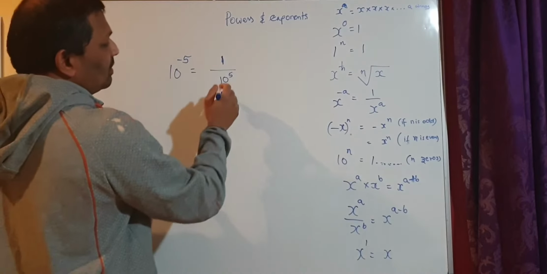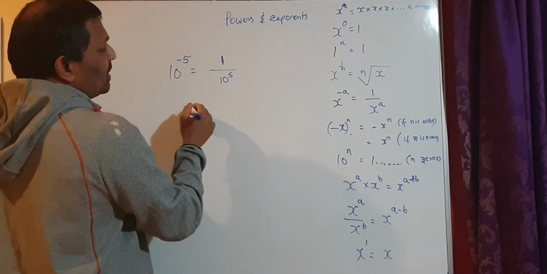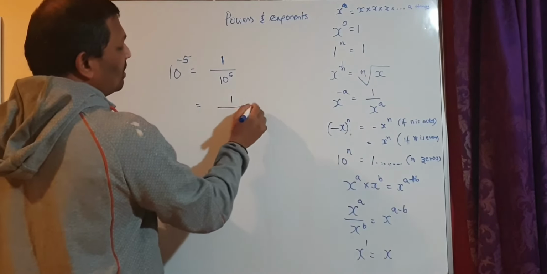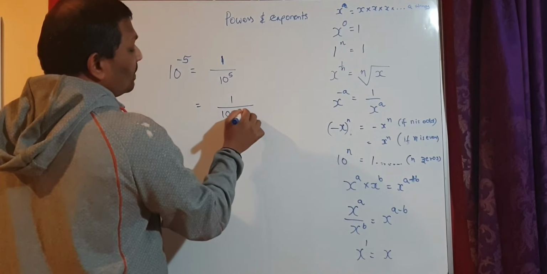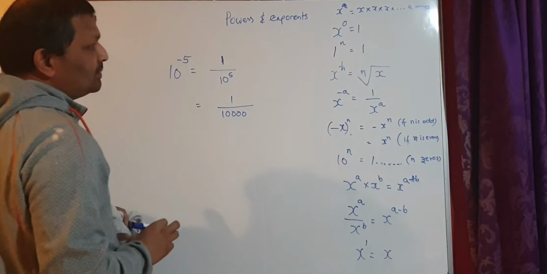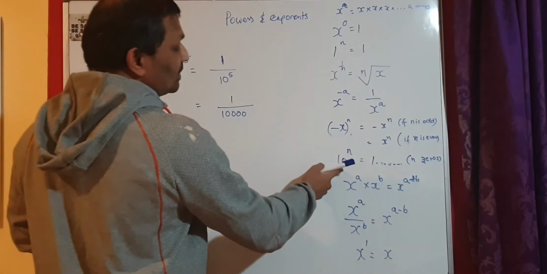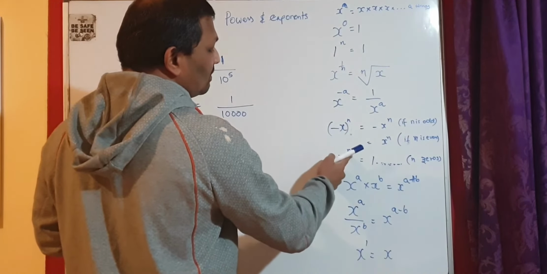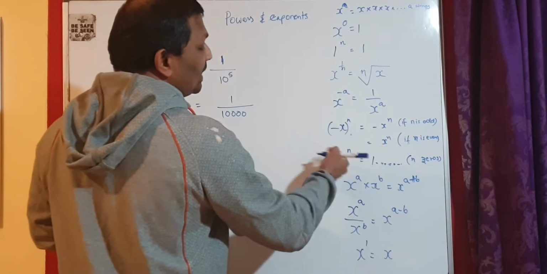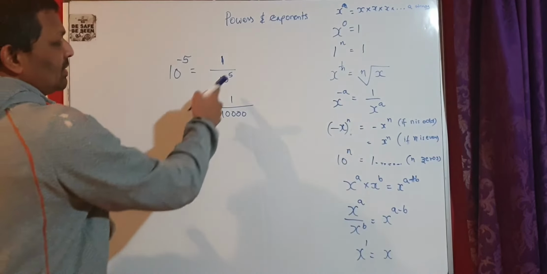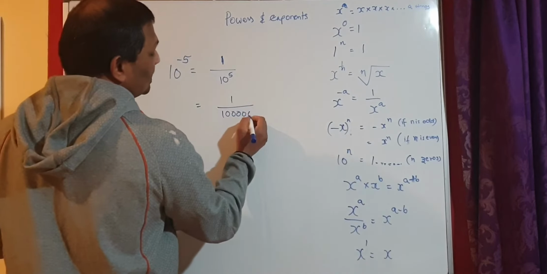So 1 by 10 to the power of 5. To find the value of 1 by 10 to the power of 5, you need to apply this one here. For 10 to the power of n, you put 1 and after it, n number of zeros. So for 10 to the power of 5, you put 5 zeros after 1.